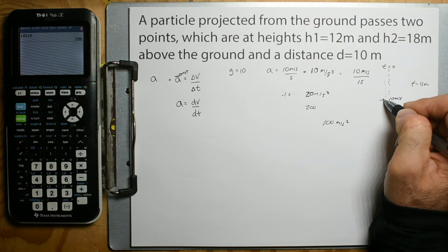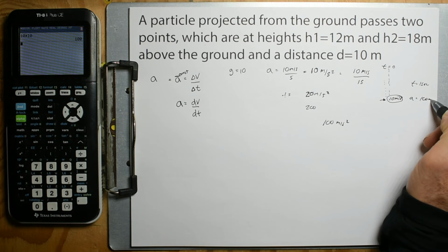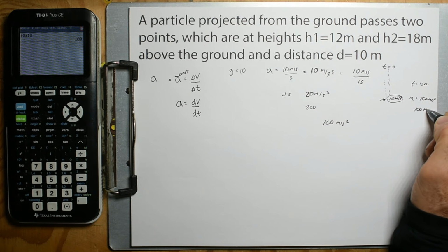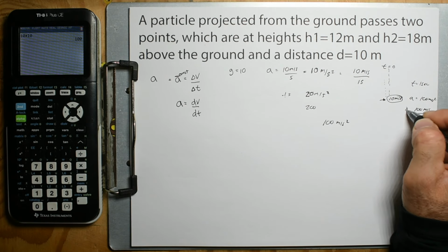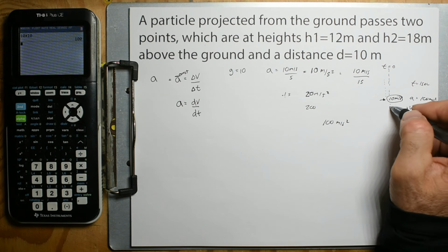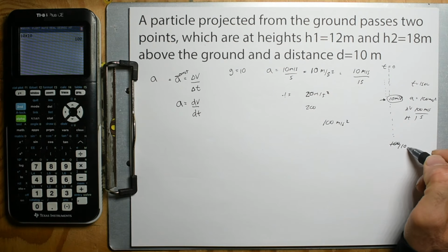And I think after a second it's going to be going 10 meters per second, but now the acceleration is 100 meters per second squared, which I'm going to say is 100 meters per second every second, a change in velocity of 100 meters per second every change in time of 1 second. I'm going to run this for another second, and I'm going to have a speed of 110. And I'm fine with that.